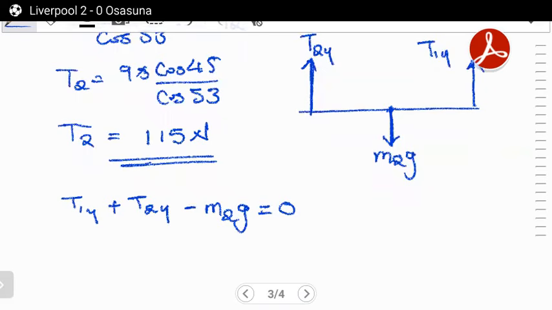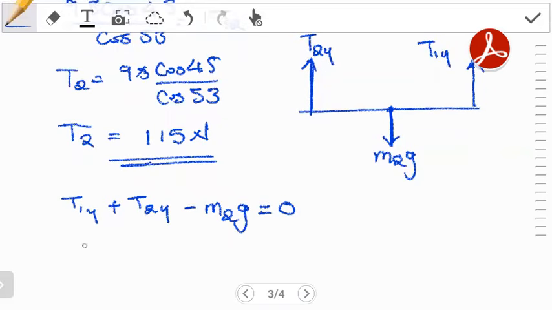So when we substitute here, T1y is going to be 98 sine 45 plus T2y. We didn't know what T2 was, so that's just T2 sine 53, minus m2g.